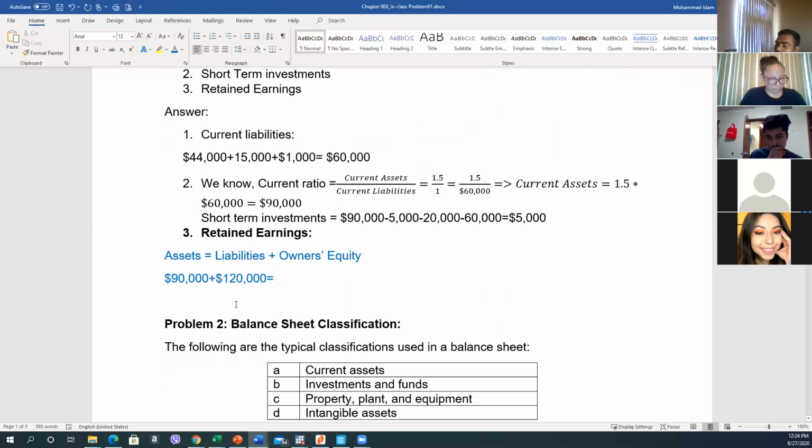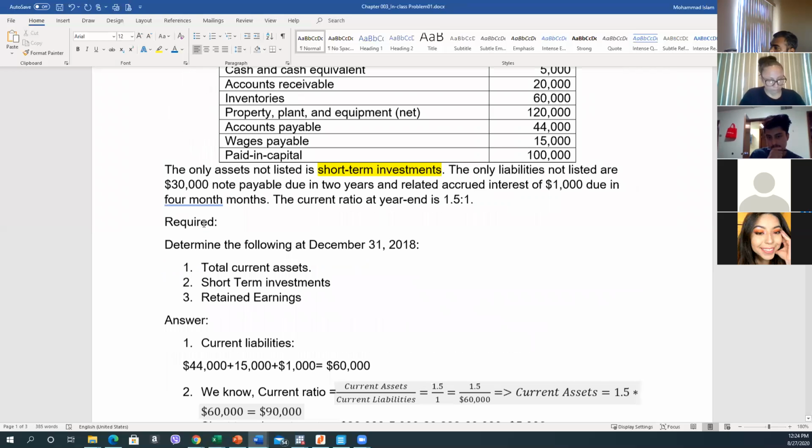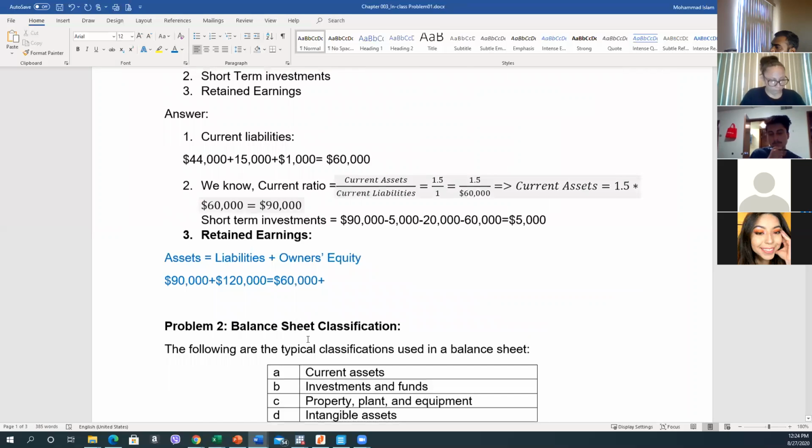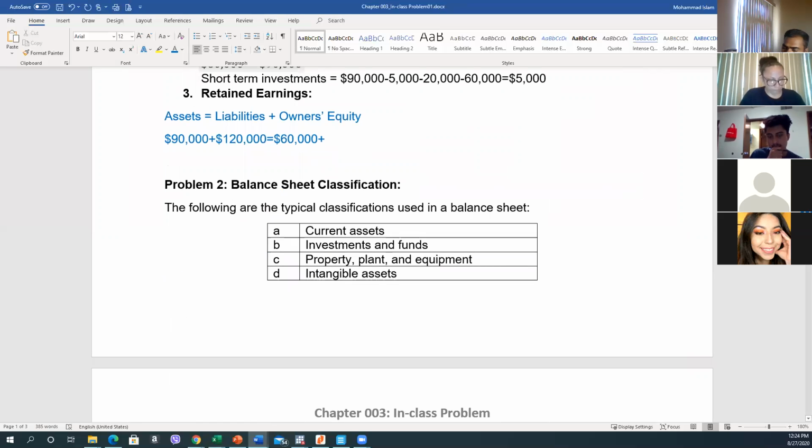We have current liabilities of 60,000, and plus this 30,000 note payable as long-term liabilities, which is due in 2 years.